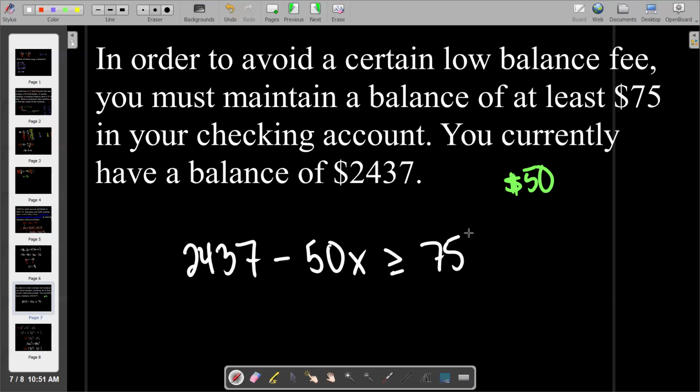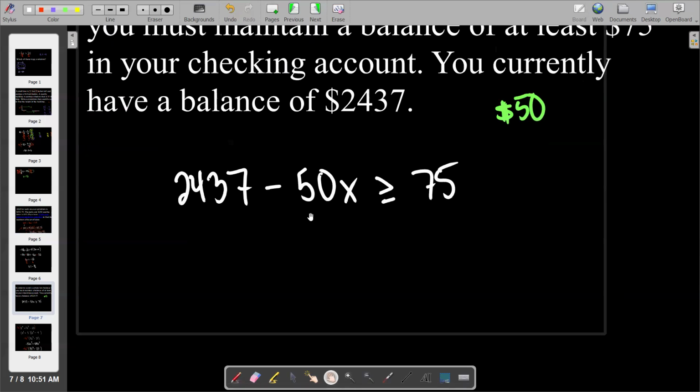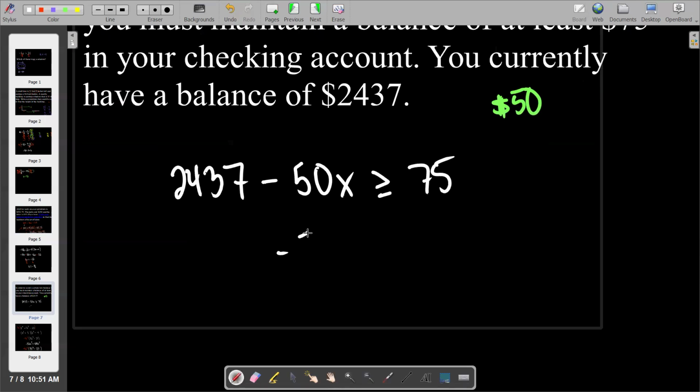75 bucks. So just like before, writing and solving is the key. It's not just a math problem, it's an algebra problem. After this, we're going to get negative 50x is still greater than or equal to, let's see, 75 minus 2437, which is negative 2362.